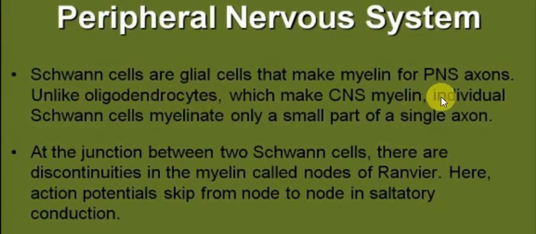One more difference is that the Schwann cells myelinate only a small part of a single axon, while the oligodendrocyte can myelinate many segments of an axon and many axons.